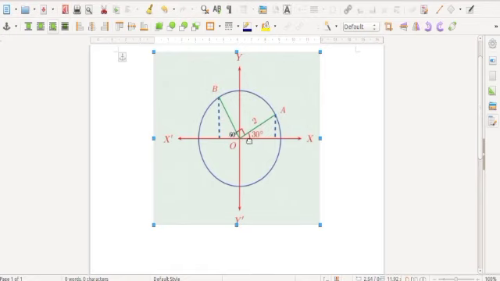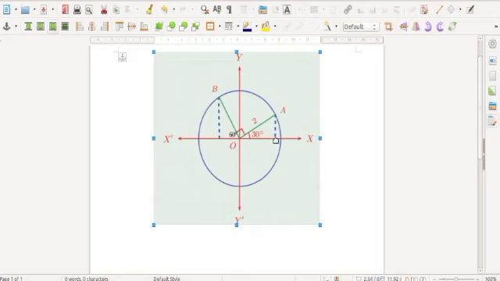So if we consider this triangle, one angle is 60 and we draw a perpendicular from B to the x-axis, so this angle is 90 degrees and the third angle is 30 degrees. Okay, so 30, 60, 90.